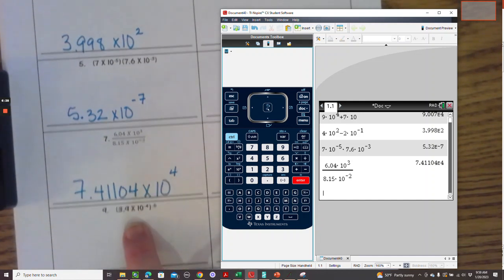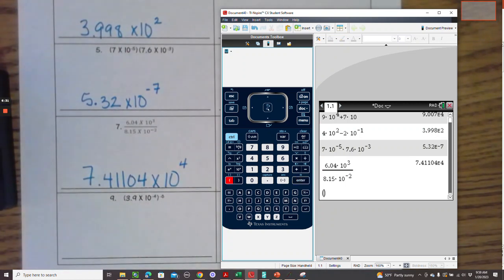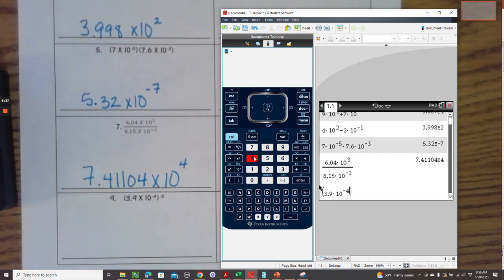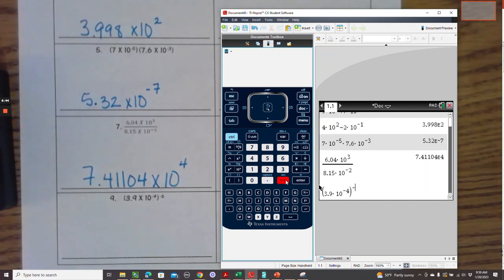All right. And then finally, we're going to put it in parentheses. 3.9 times 10 to the -4th. Get out of the parentheses, and then press that arrow up key again and do another exponent so it kind of stair stacks it.